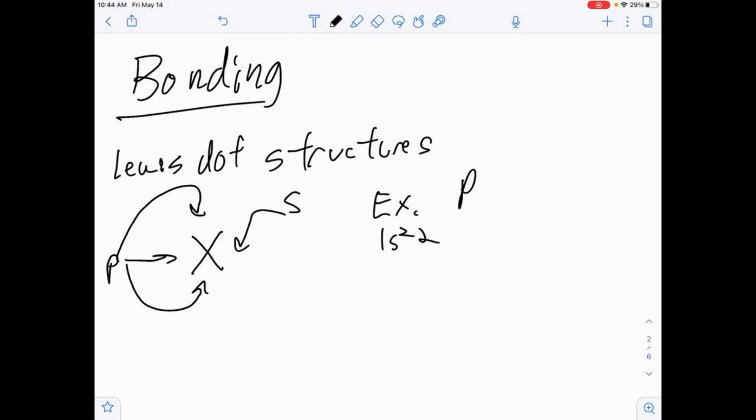Phosphorus is 1s2, 2s2, 2p6, 3s2, 3p3. Lewis dot, after Professor Lewis, I think he was at the University of Chicago. I could be wrong.